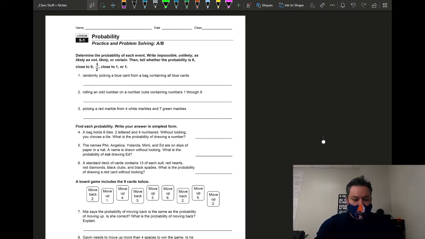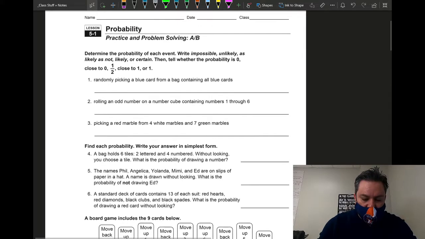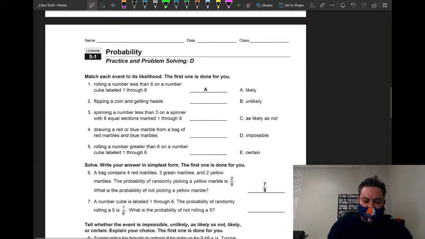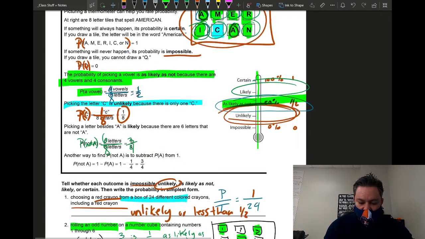Now, looking at the probability, we're going to determine it using the thermometer we did on the reteach section the other day. I have certain, likely, as likely as not, unlikely, impossible, which goes from 0% to 100% or from 0 to 1.